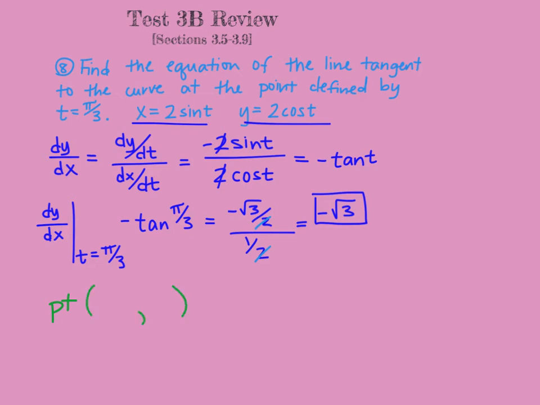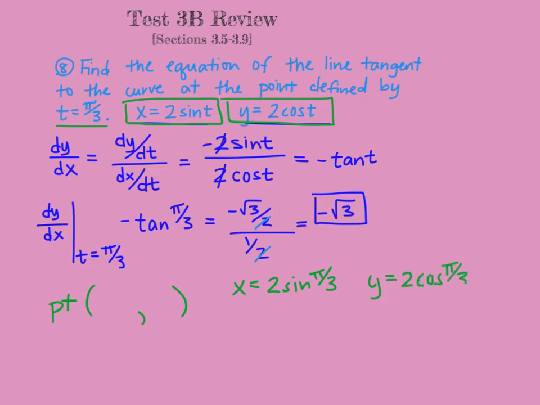In order to find the x-coordinate and the y-coordinate, we need to plug in to our x and our y at pi over 3. So our x-coordinate is 2 times the sine of pi over 3, while our y-coordinate is 2 times the cosine of pi over 3.